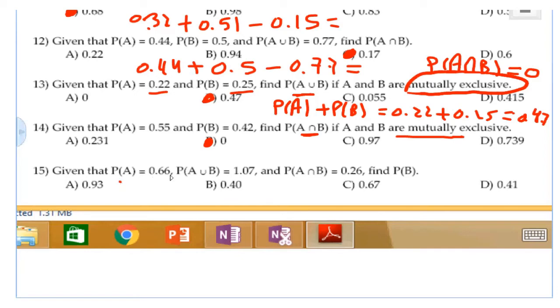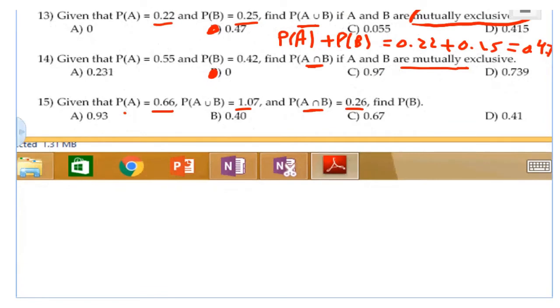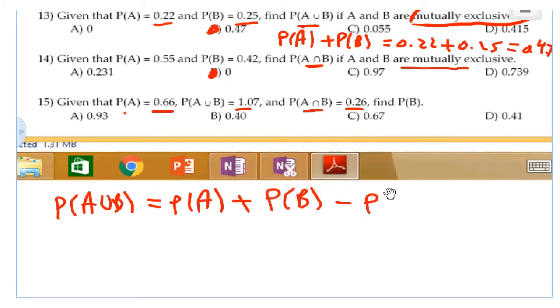Now, probability of A is 0.66, the union is 1.07 and the intersection is 0.26. How can I find the probability of B? We should write the rule first. Probability of A union B is equal to the probability of A plus the probability of B minus the probability of the intersection. But what if I wrote the union first and the intersection? It doesn't matter, it's the same. So probability of A union B is 1.07. Probability of A is 0.66.